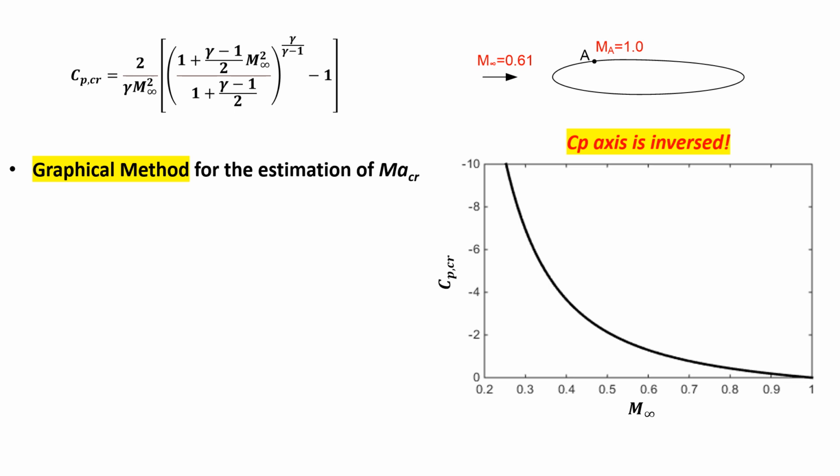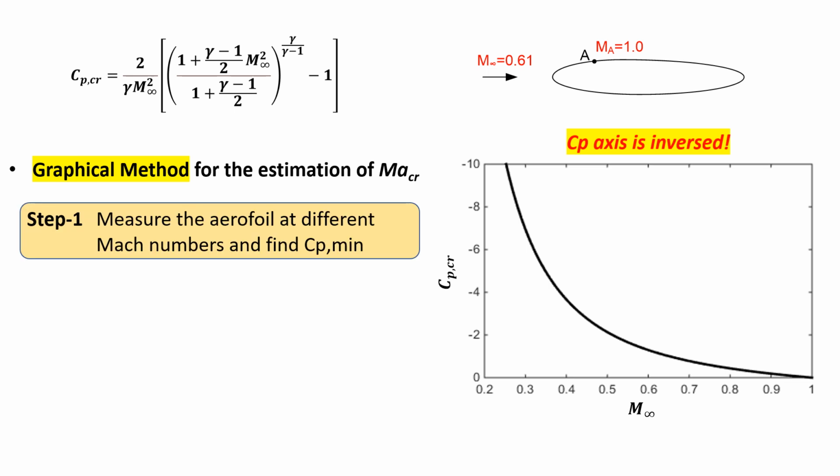Okay, so now we can use the graphical method to estimate the critical Mach number for a specific case. Just to let you know, the above CP critical relation is general. It applies for any airfoil. Step 1: measure the airfoil at different Mach numbers and find the CP minimum at each Mach number.